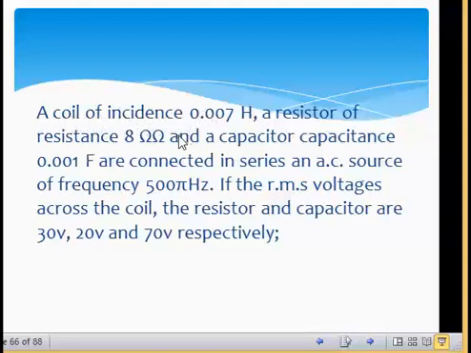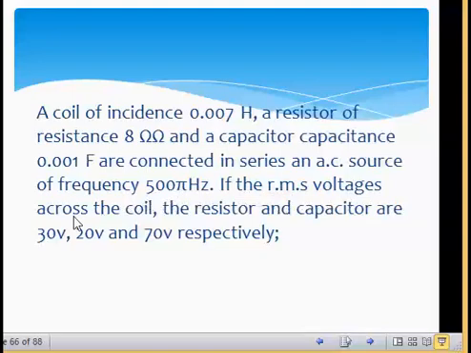A resistor of resistance 8 ohm and a capacitor of capacitance 0.001 farad are connected in series to an AC source of frequency 500 pi hertz.